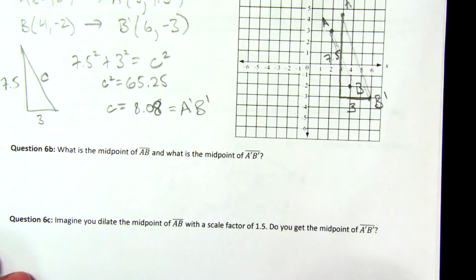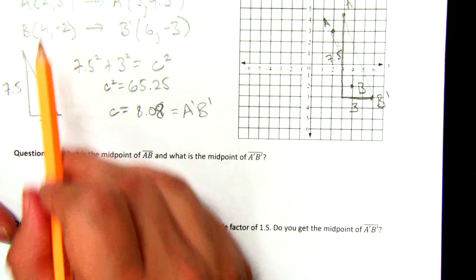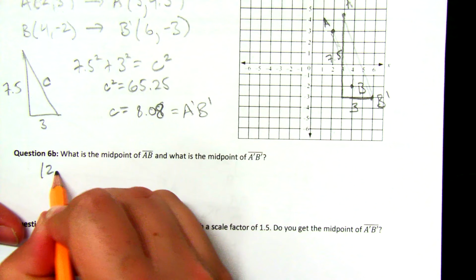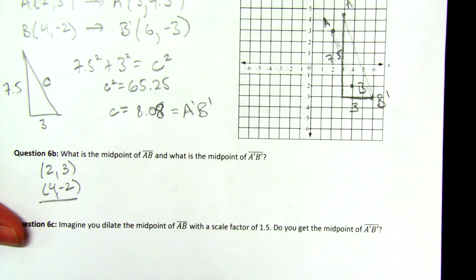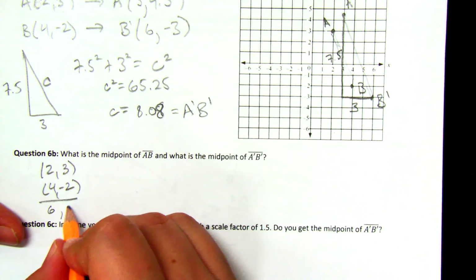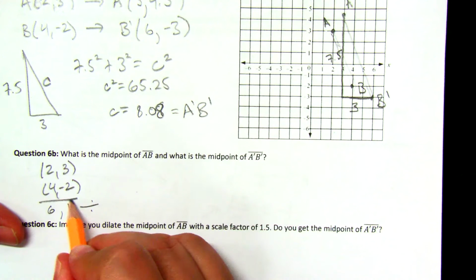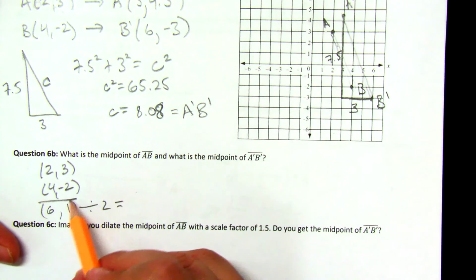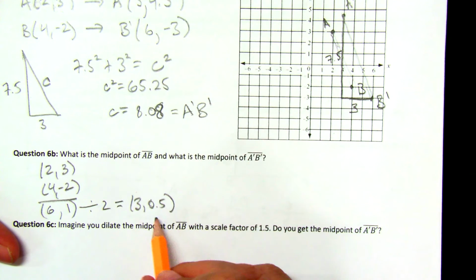What's the midpoint of AB? Well, AB goes from 2, 3 to 4, negative 2. So to find the midpoint, I'll take 2, 3, 4, negative 2, and add them together. I get 6, and positive 1, and then I'll divide that by 2. Remember, stack, add, divide by 2, and I get 3, 0.5. So that's the midpoint of AB.